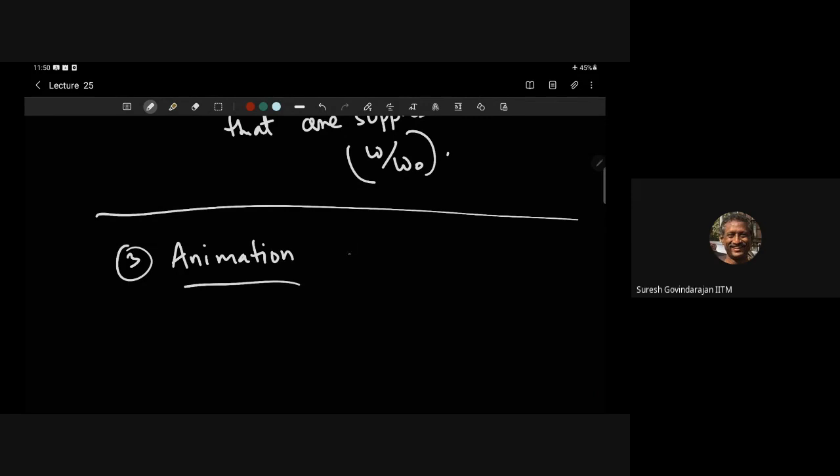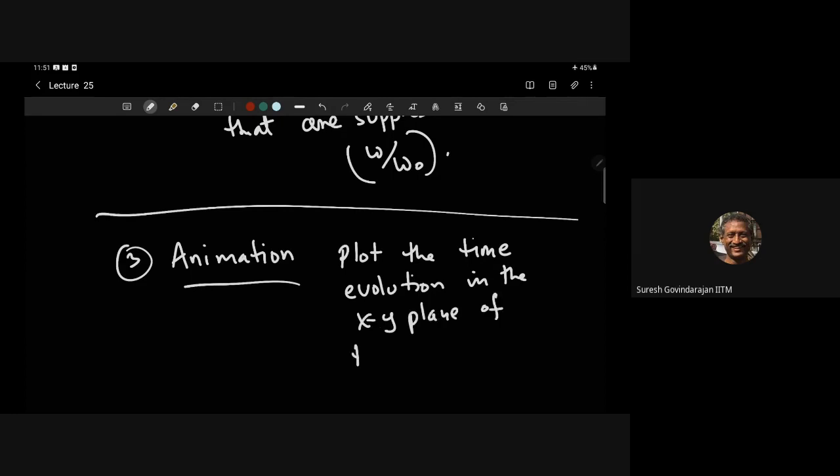You plot the time evolution in the xy plane, of course, of the precession for two cases.